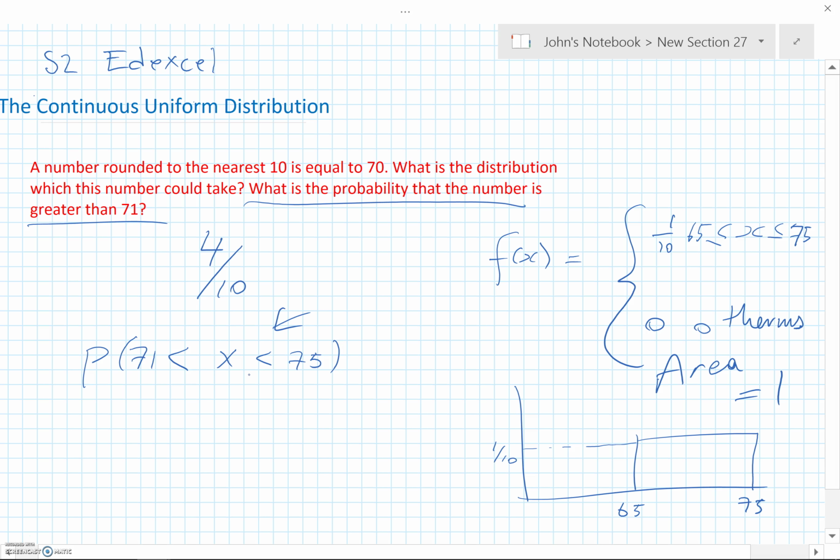So we really shouldn't be too concerned about the inequality here. I do come across people worrying and saying, well, if it was 75 exactly, then it would go to 80. Let's not be too concerned with that. That's the answer. We can see that would be 4 out of 10.